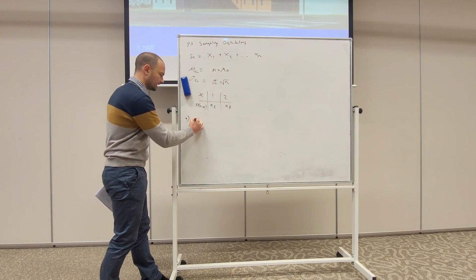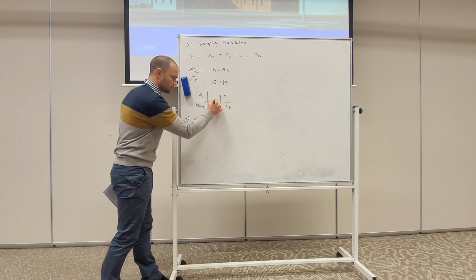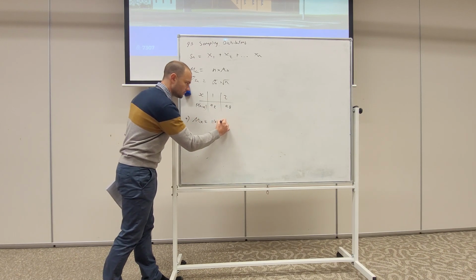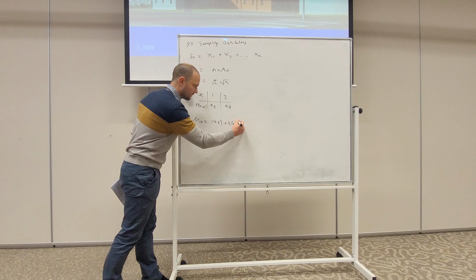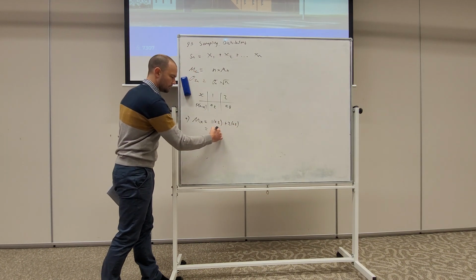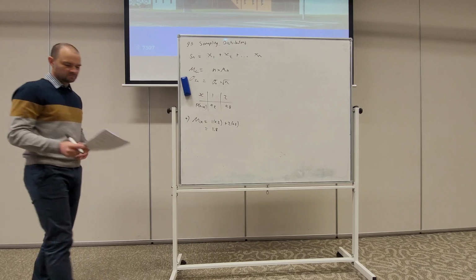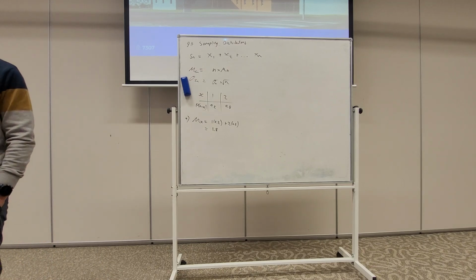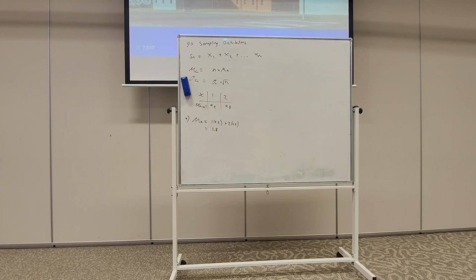So for part A, we're going to calculate the mean of x. It's equal to 1 times 0.2 plus 2 times 0.8. 0.2 plus 1.6 is 1.8. And for the standard deviation, we've got a standard deviation formula in here. I don't remember it, so 7D.